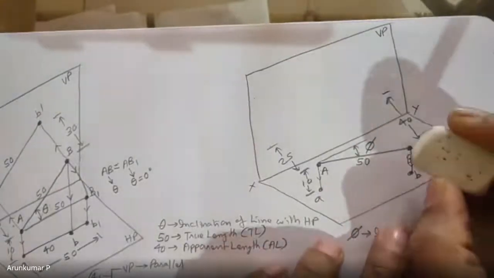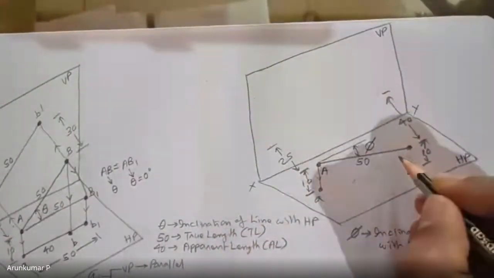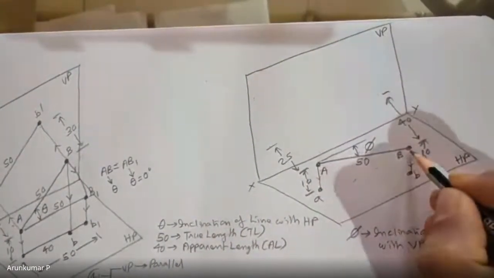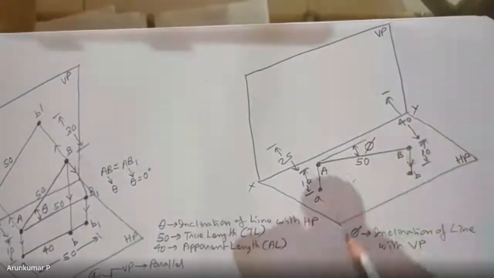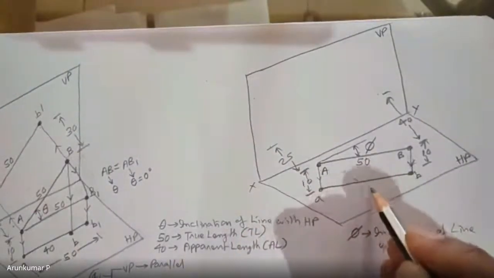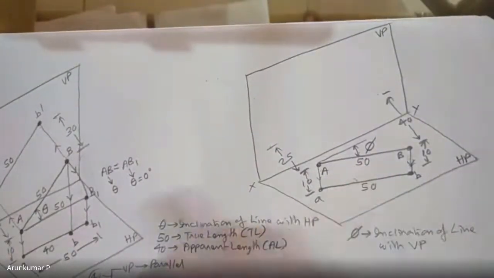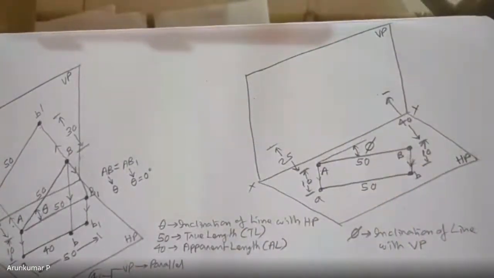Just rub this b, it is coming in the way of the projection. Put it here. So I have small a, I have small b. I'll join them. So the length of this top view is 50 mm. Why is this possible? Because the line AB is parallel to HP.